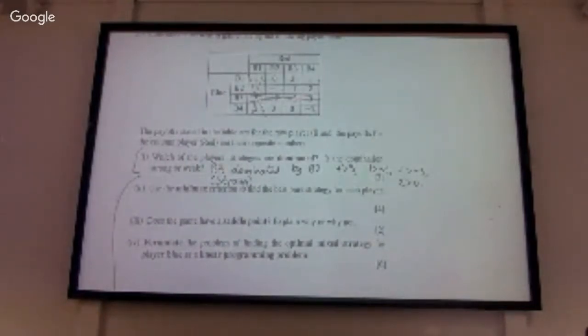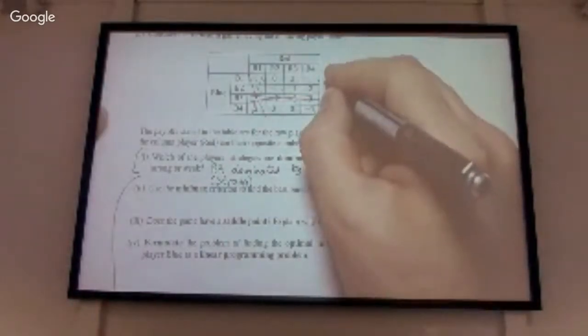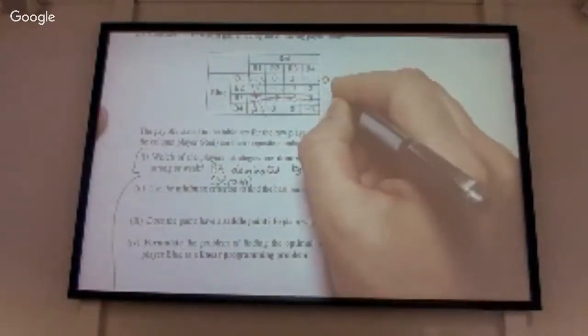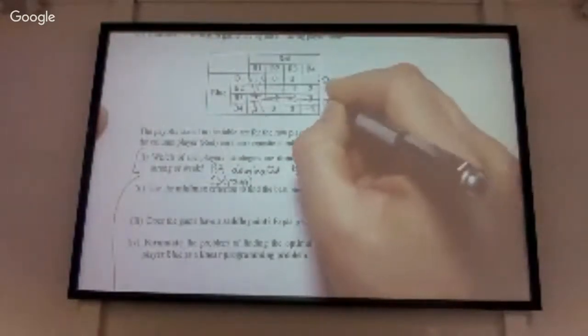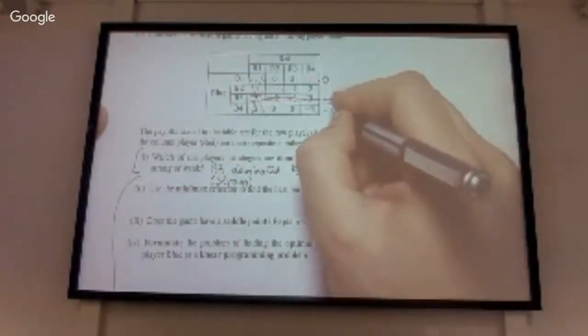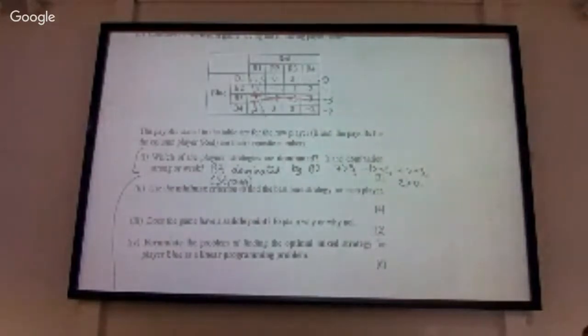We want to take the minimum of each row. So what's that? That's 0, minus 1, this one is minus 3, minus 2. Do you agree?